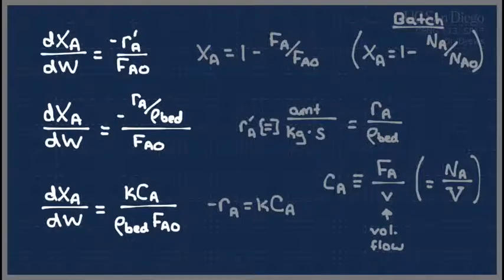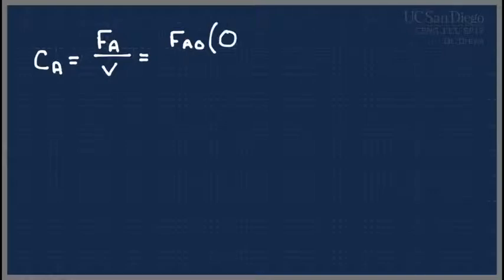So this part is one that I think we had skipped over a little bit in the last lecture. So I'm just going to write that out in a slightly expanded form here so you see where everything is coming from. So the CA that we have to deal with here is always going to be FA over little v. FA we can attack in the same way that we had for something like a batch reactor.